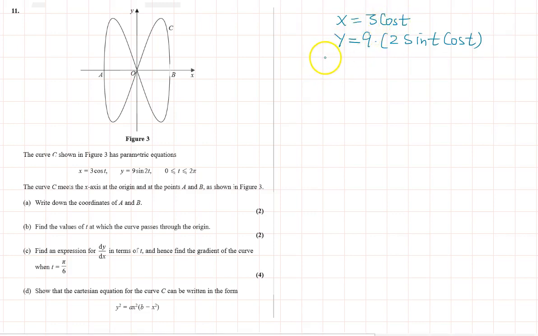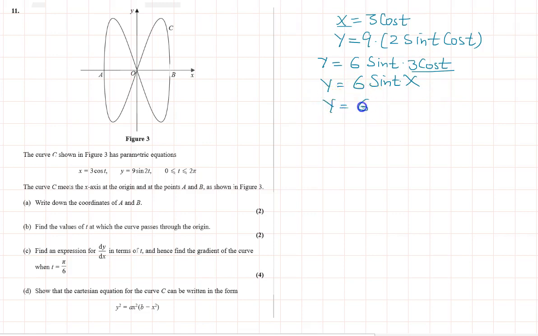So y can be written as 6 sin t and 3 cos t. So y is equal to 6 sin t, 3 cos t is x.